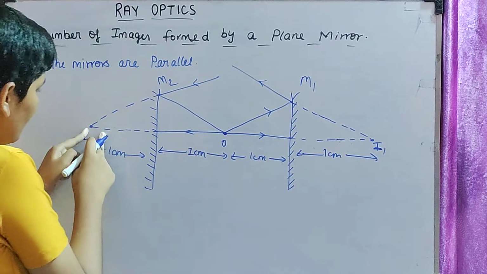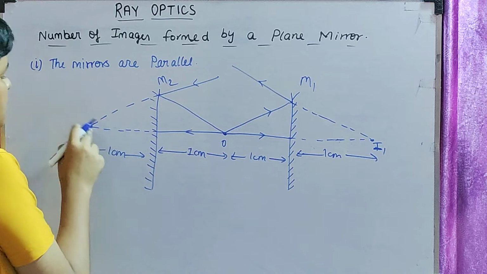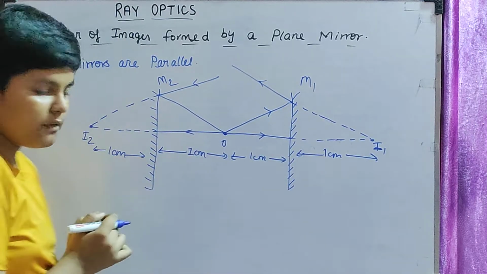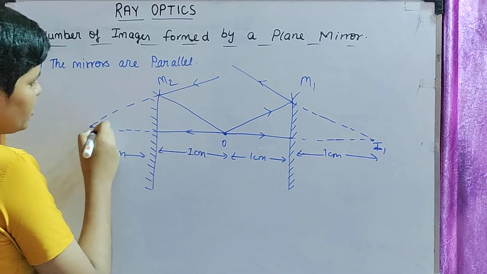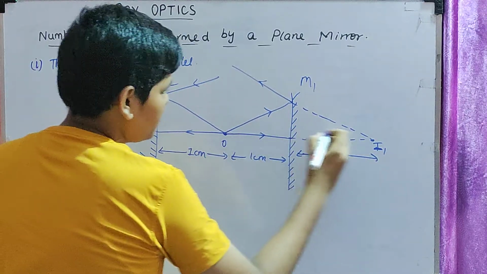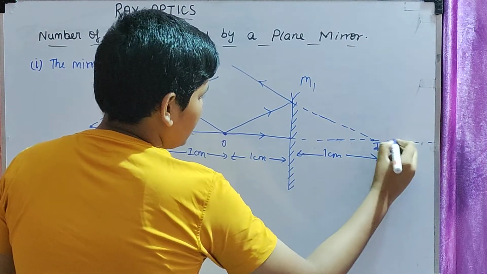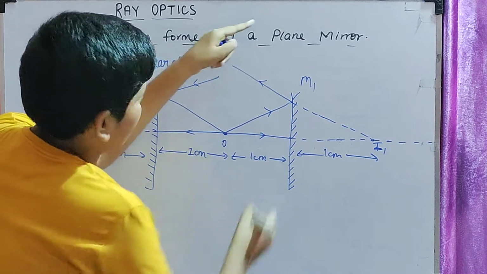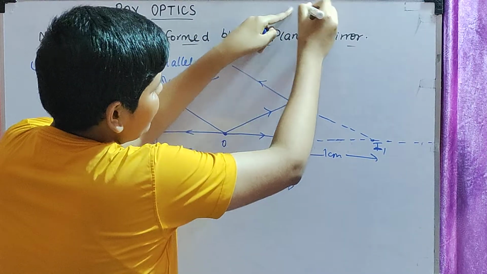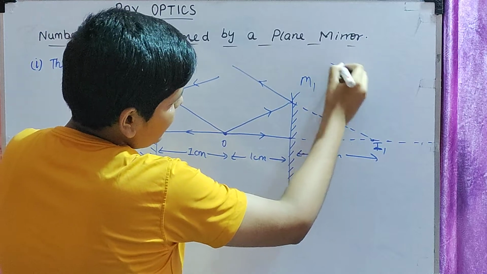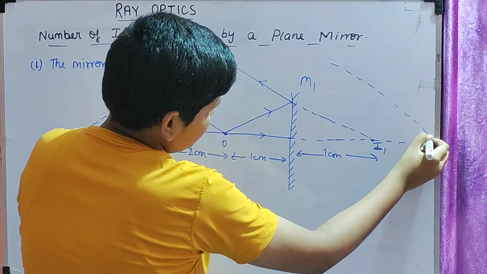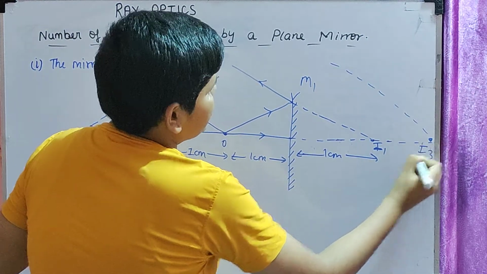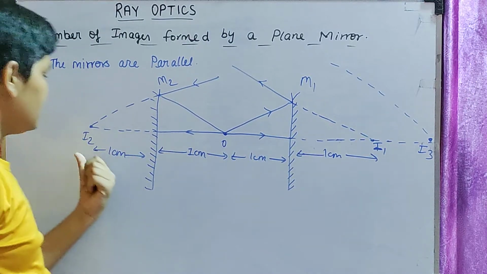It will form the image of this I2 over here. How will it form? Here we are taking two rays like this. One is going and forming till here. Second one, we are taking very high. This mirror is extendable till here. From here we are drawing the rays coming like this. So this is I3.